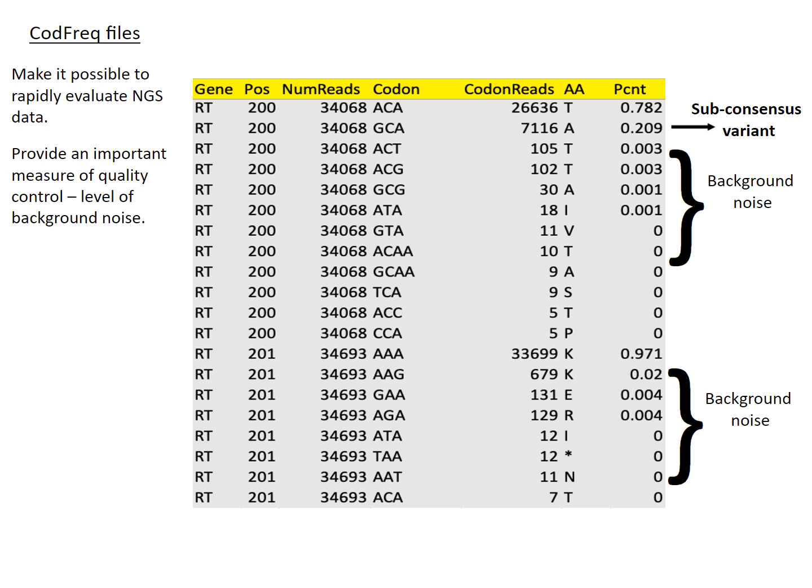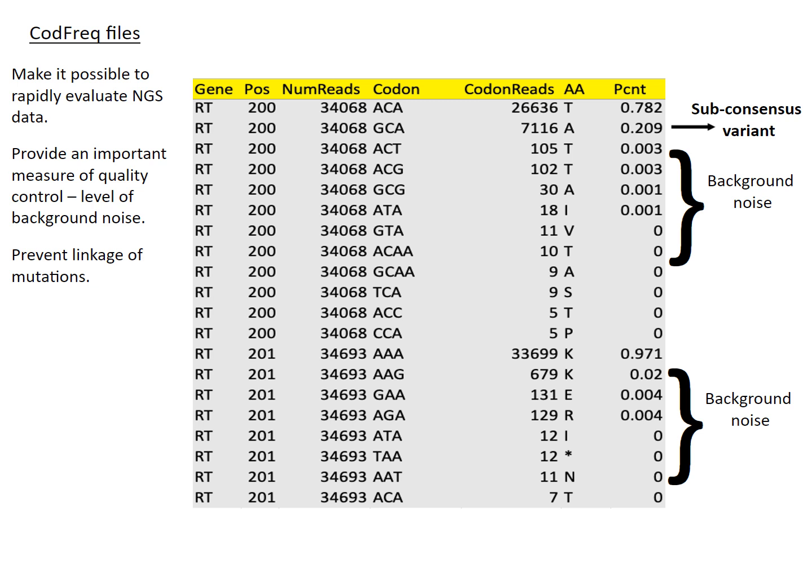Third, the distribution and the frequency of non-consensus codons provides an important measure of quality control. For example, if the level of background noise is high, it is important to be conservative when setting the mutation detection threshold. Otherwise, many of the detected variants will be sequence artifacts.